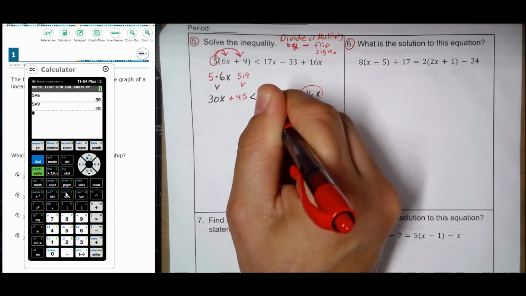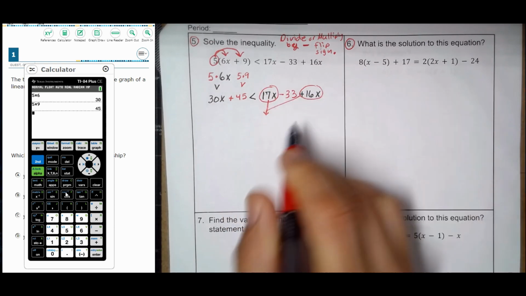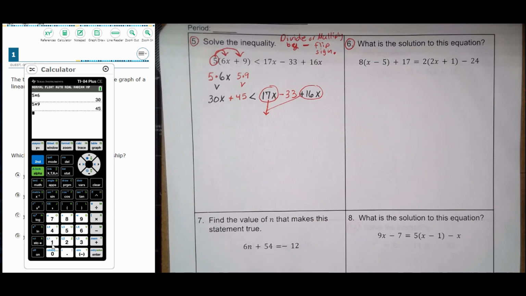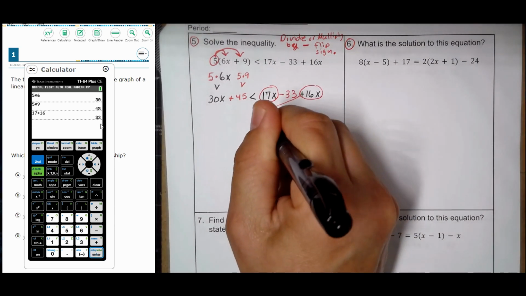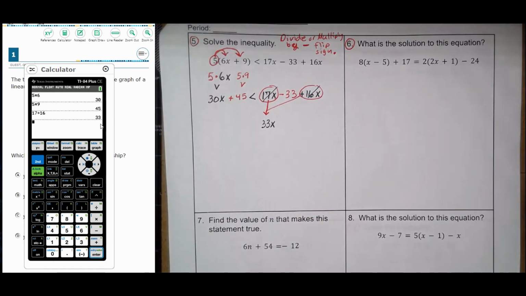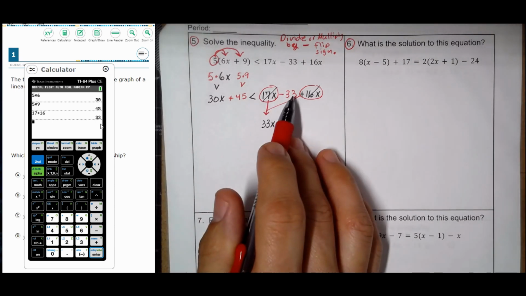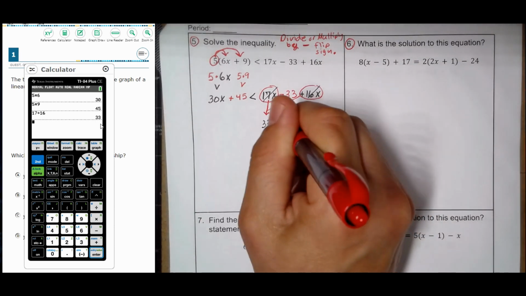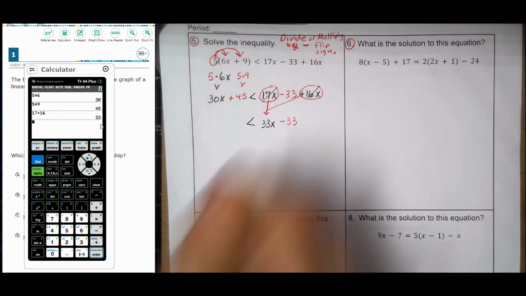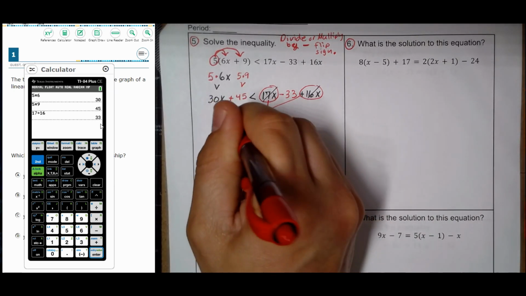So I draw this little mark here, showing we're going to combine them and write our answer underneath. If I have 17 x's and I add 16 more x's, that's 17 plus 16, which gives me 33. So this just becomes 33x. Notice I got rid of two terms by combining them because they're alike. There is no other constant to combine on the right. Therefore, I'm just going to bring down the negative 33, bring down my symbol, and bring down my 45.